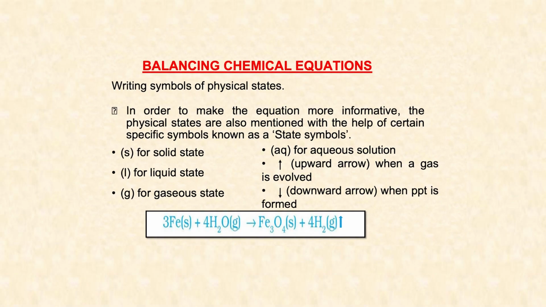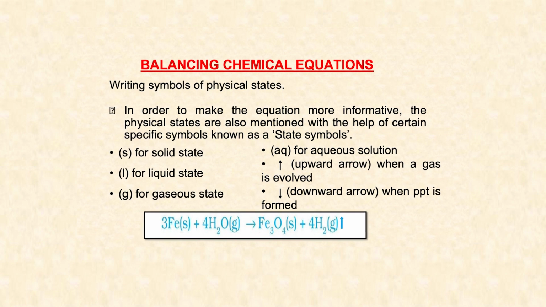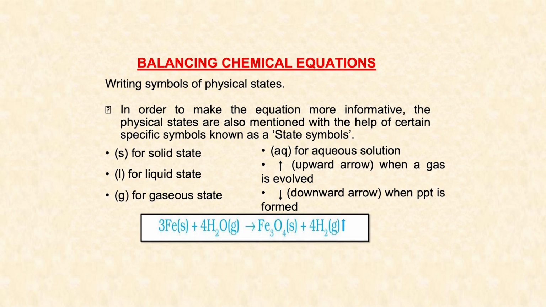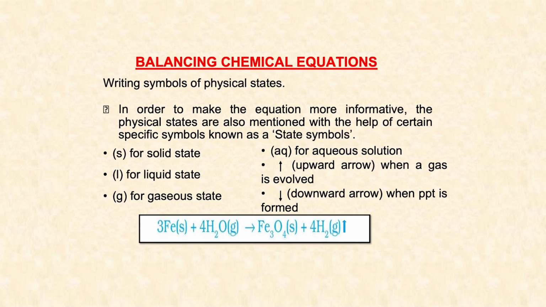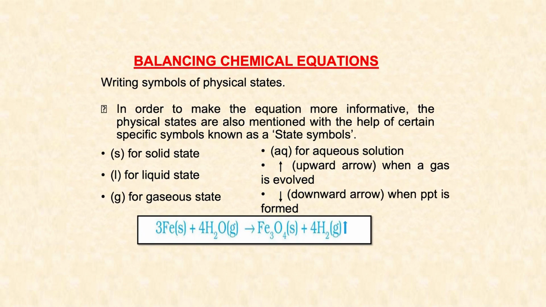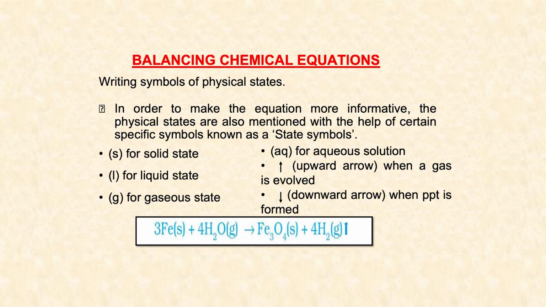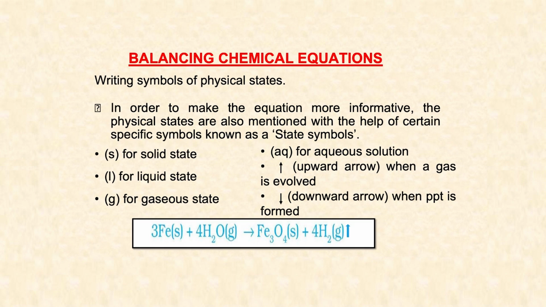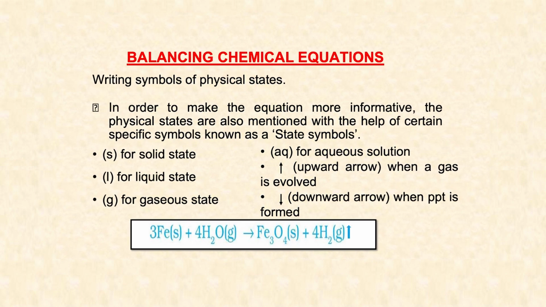A balanced equation which gives more information about the chemical reaction is known as more informative reaction. Chemical equations can be made more informative by indicating the physical states of the reactants and products in an equation.